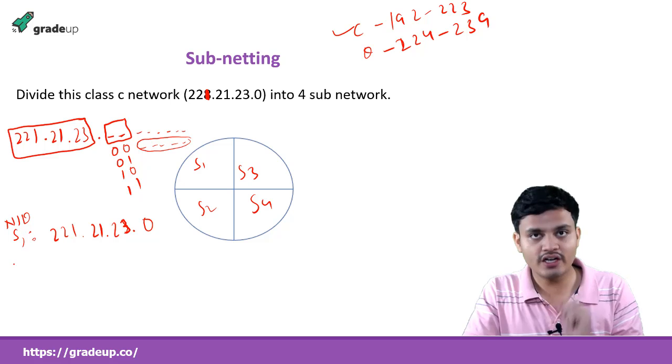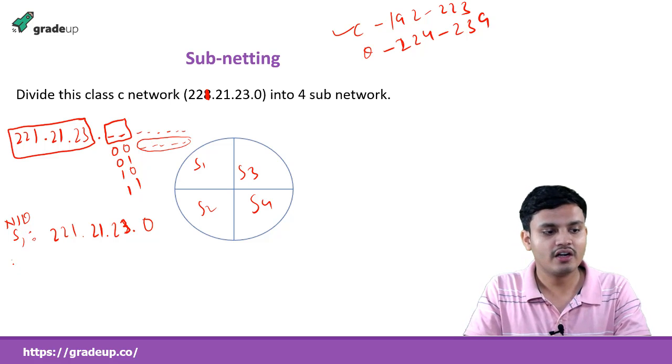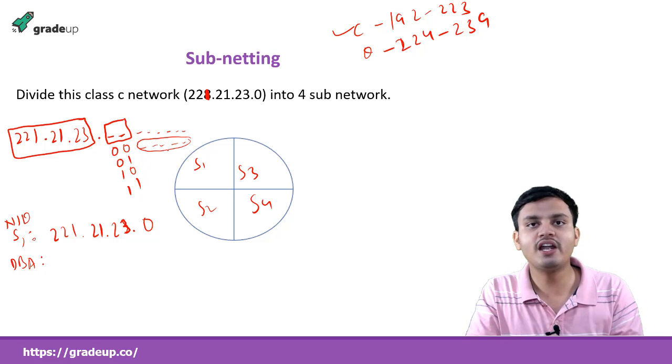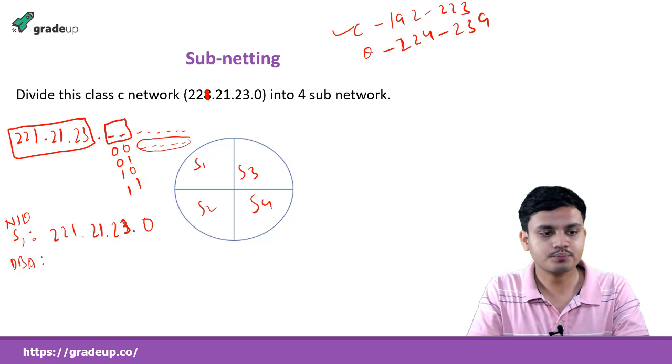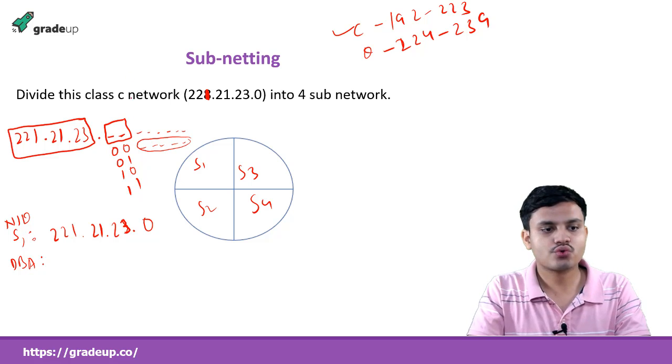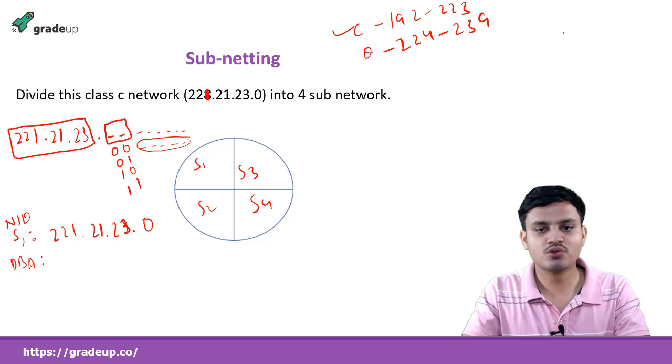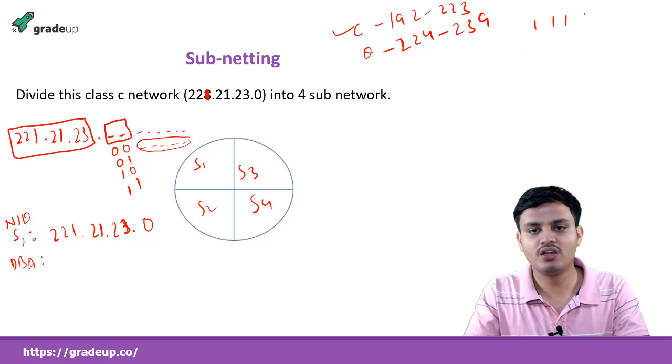If I ask you the directed broadcasting address of S1, in all these places you will write 1. How many are these? These are 6. If you write 1 in all places, how do you calculate this? There are 6 bits, 1, 2, 3, 4, 5, 6.